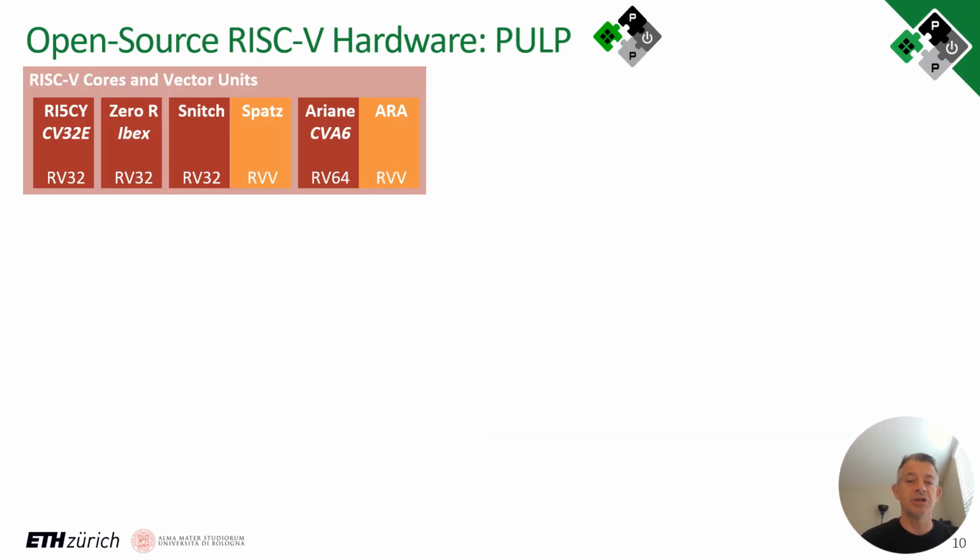But this is not the end of it. In fact, we can actually couple open hardware and ISAs, open software and ISA with open hardware. And that's what my project, my platform, the PULP platform, which my group has been working on for more than 10 years, has been focusing on.